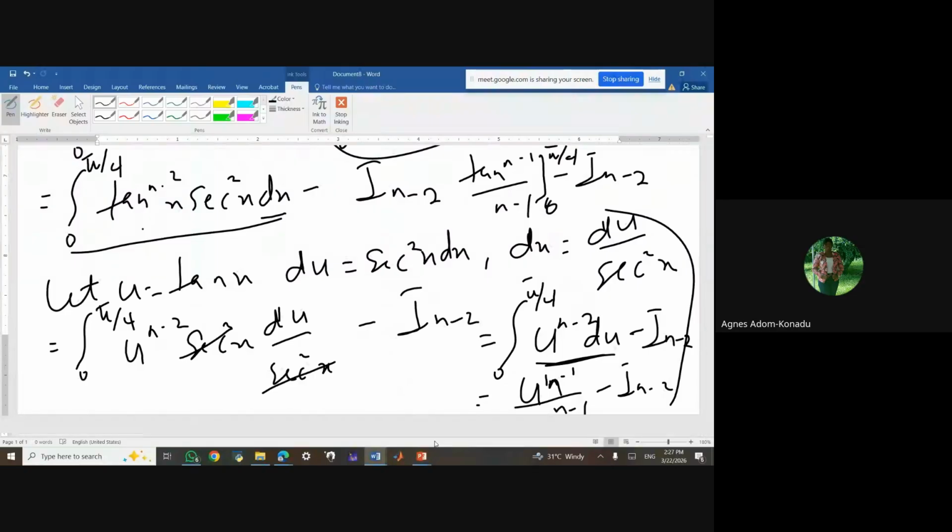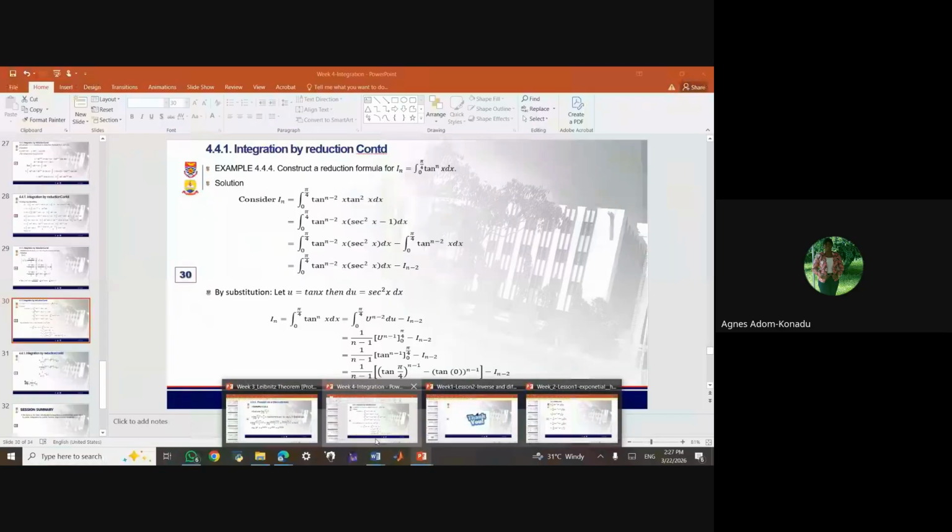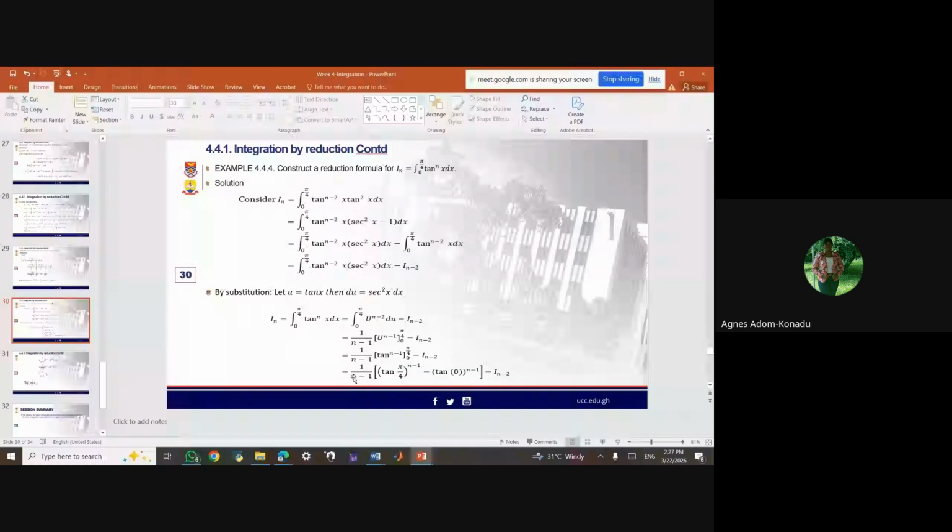So that's what I'm doing now. So 1 over n minus 1, and then I have to substitute the upper limit, which is tan(pi on 4) to the power n minus 1, minus tan 0 to the power n minus 1, minus I subscript n minus 2.